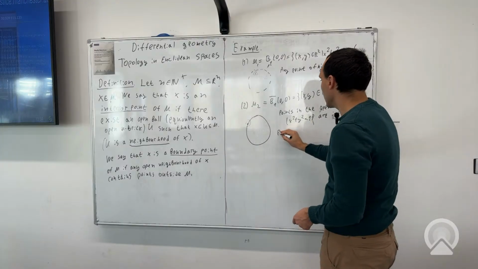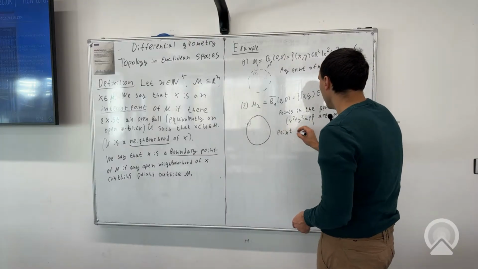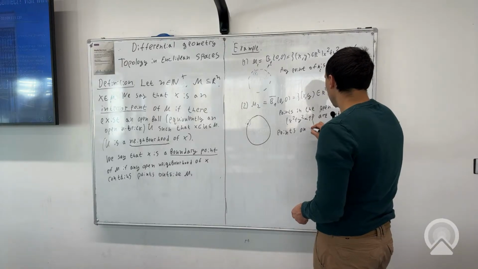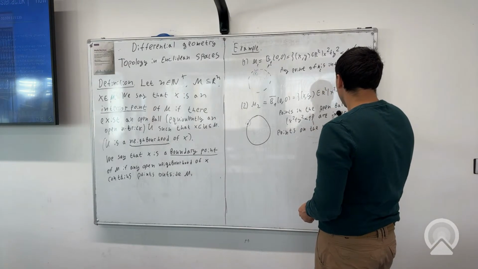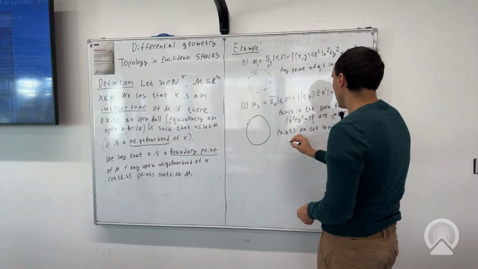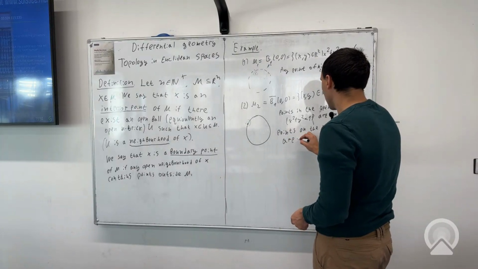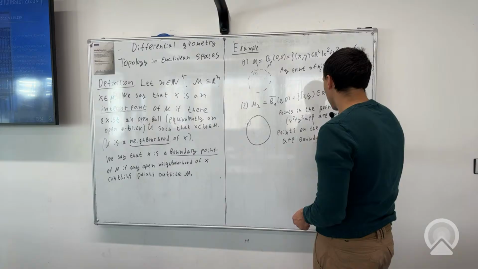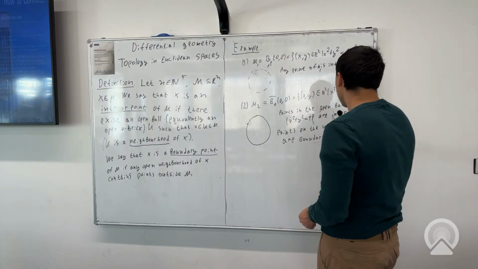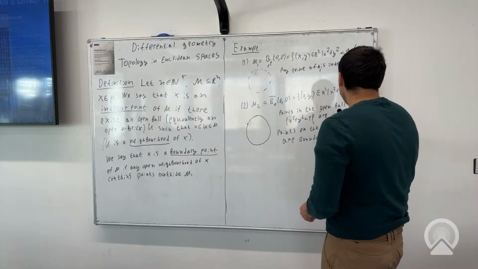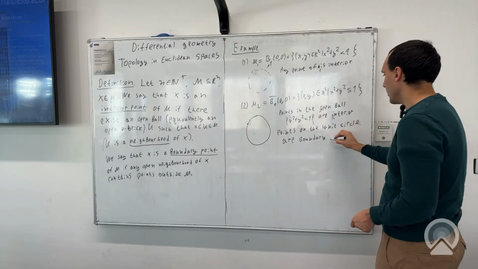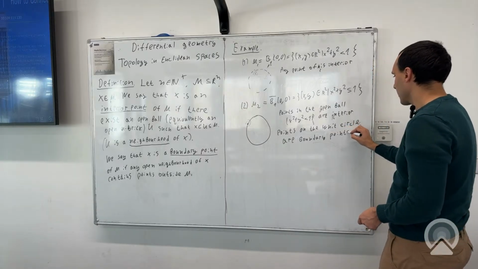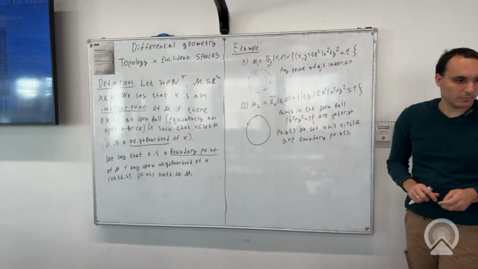And points on the unit circle, sorry, yes, unit circle, are boundary points.